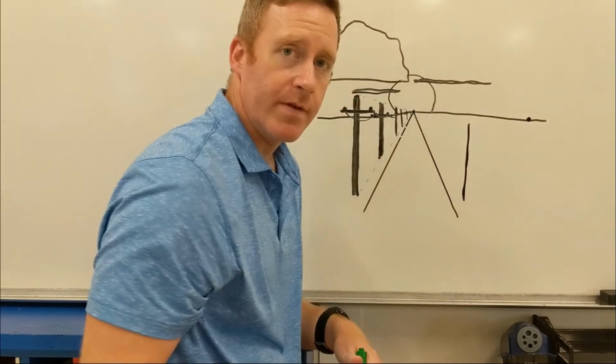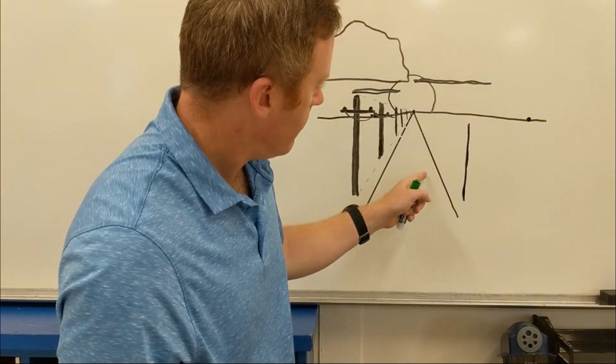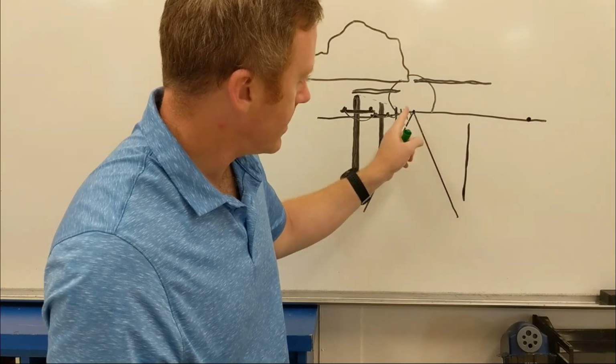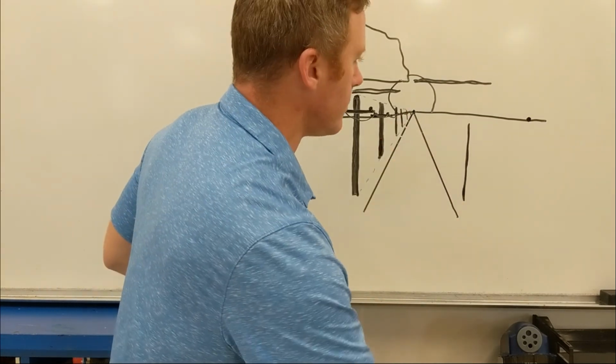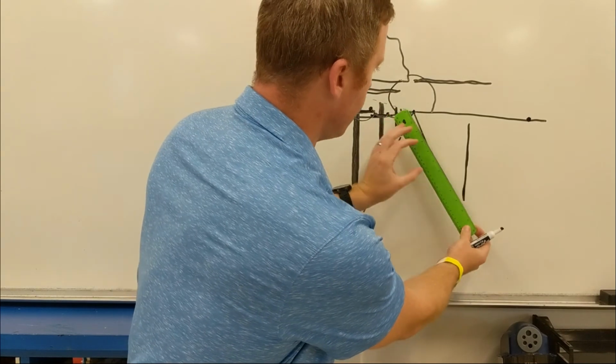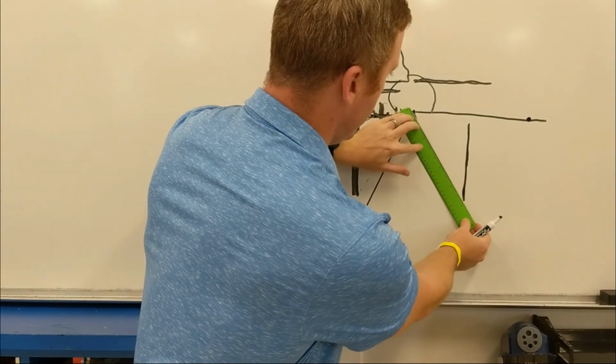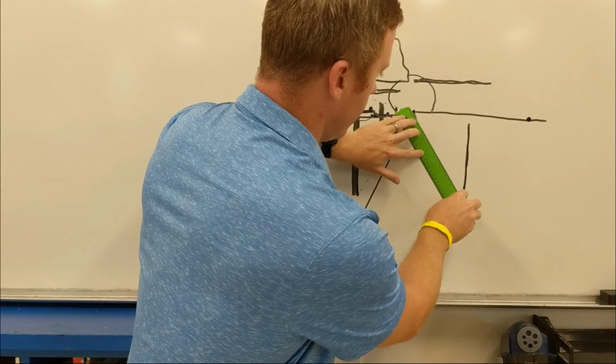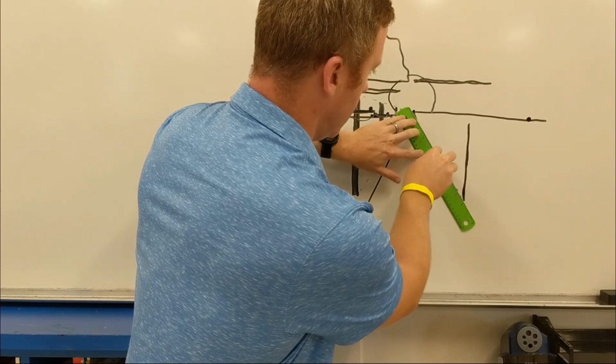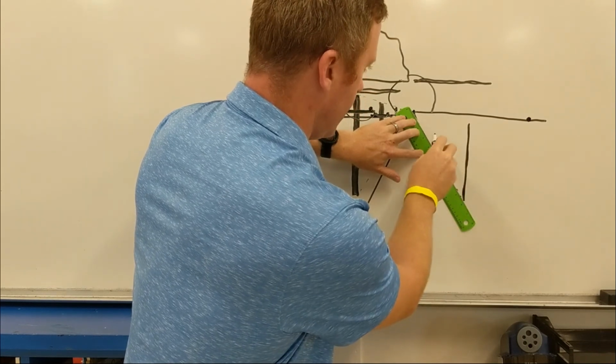Now that's the corner of the building. But to help me figure out where the line is that goes to that point, I'm going to do the same thing I did earlier. I'm going to line up with my point, and this will tell me where the bottom of the building is. Now maybe I want my building to stop there.